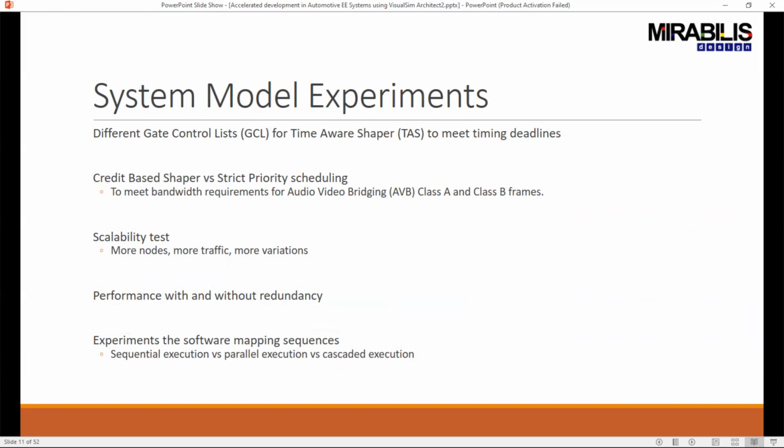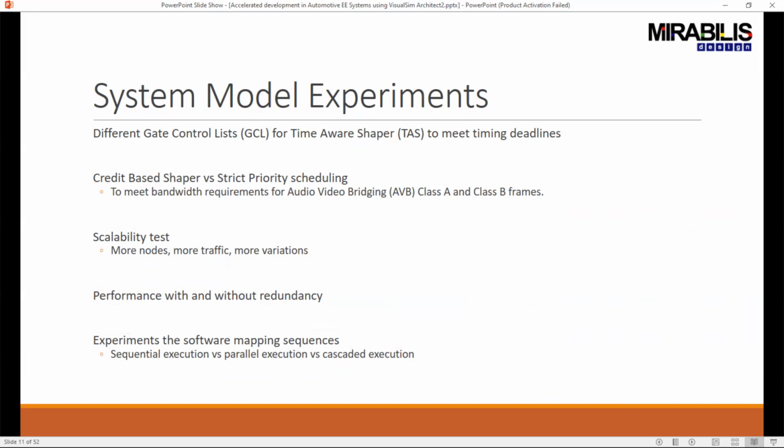Then using experiments to determine which is better for our application, like a credit-based shaper versus strict priority scheduling, in order to meet the bandwidth requirements for the class A and B frames of AVPs. Then we can do a scalability test, where we can scale the number of nodes from 2 to 6 to 100s of nodes.